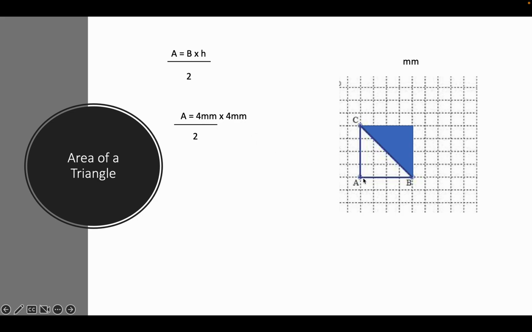And then we're going to say that this is 4 millimeters as well for the height. 1, 2, 3, 4. 4 times 4 equals 16 millimeters squared, and then I would divide that by 2. The area of this triangle is 8 millimeters squared.